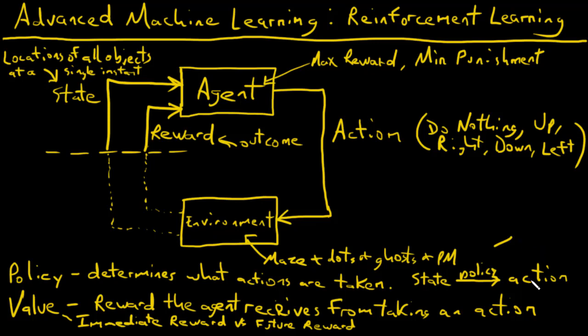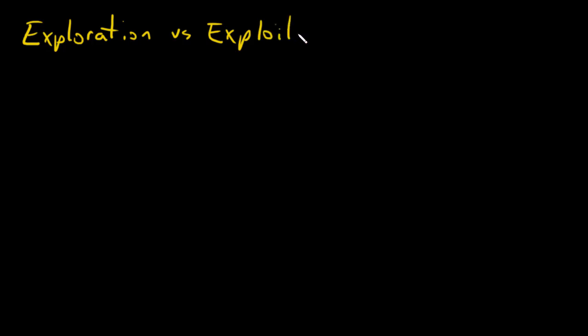So here we go. Okay, so what we're trying to do is strike that balance between immediate and future rewards. And so this is governed by something called the exploration versus exploitation trade-off.